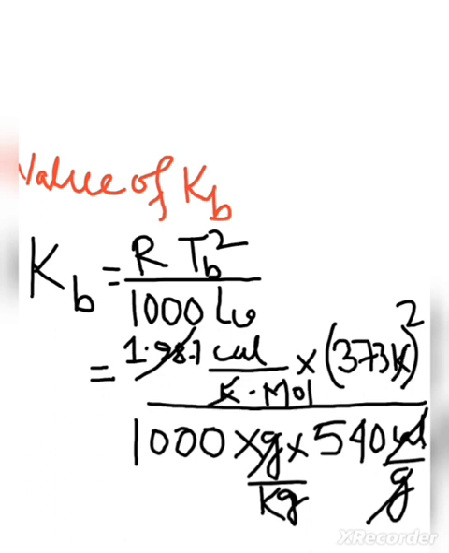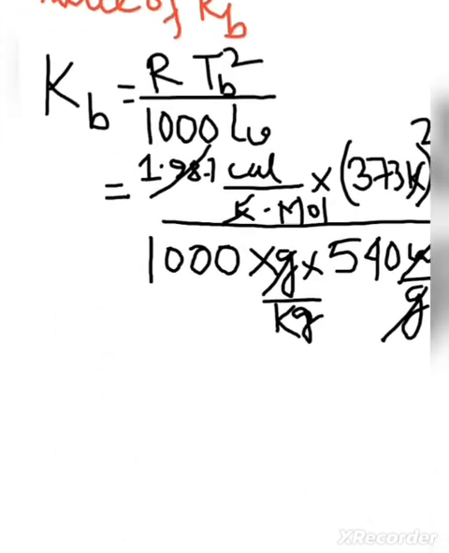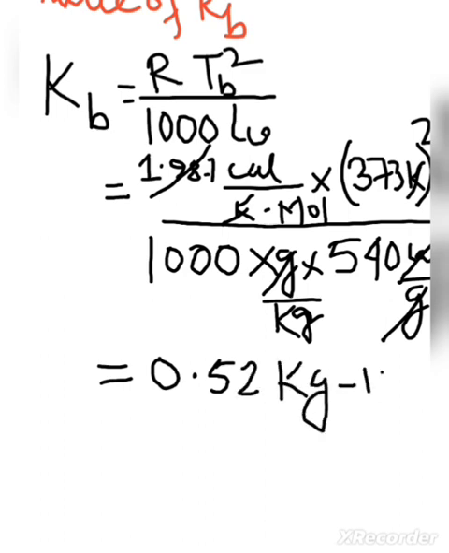So ultimately the unit of Kb becomes, first the value is 0.52, kg Kelvin per mole. Okay.